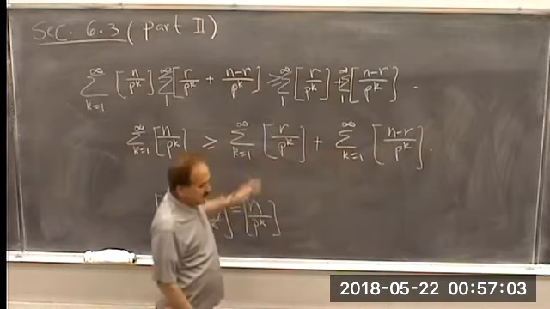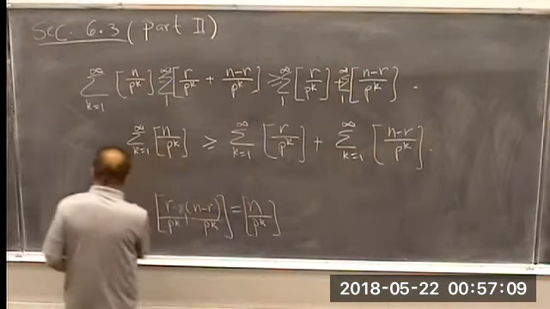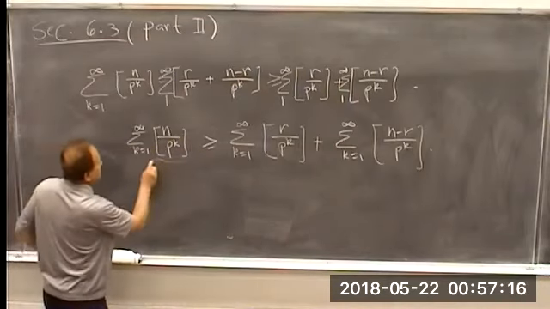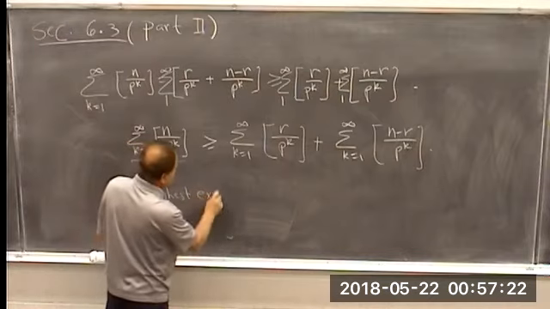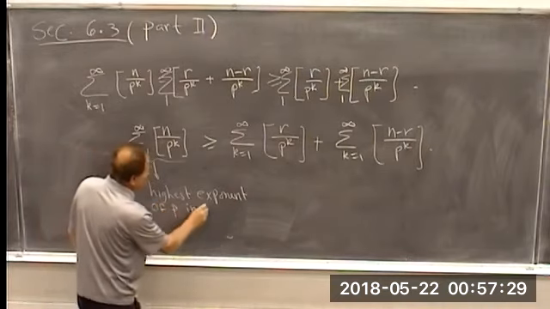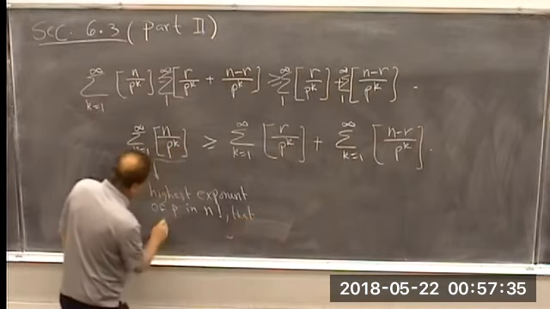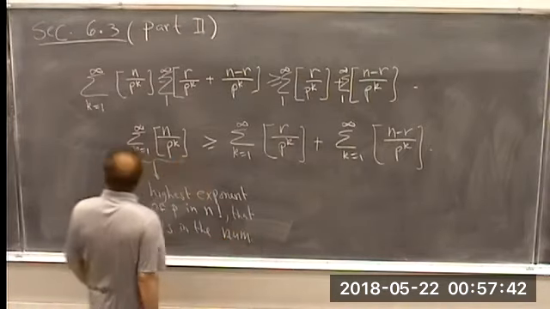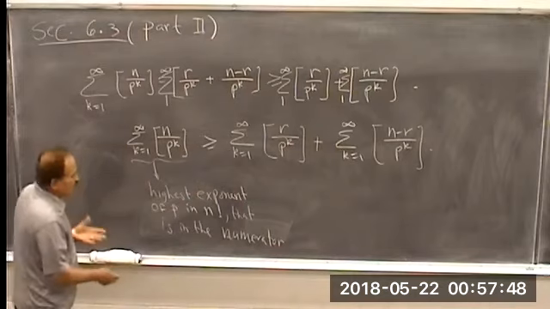So what this inequality is actually saying is that the highest exponent of p in n factorial, and this is the numerator, that is in the numerator of the binomial coefficient, of course.